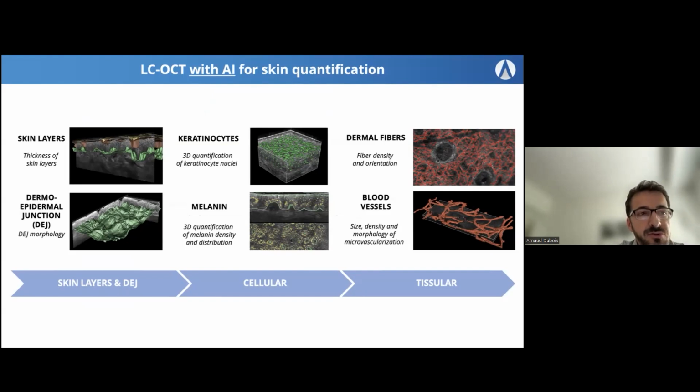It can be used at the cellular level for the quantification of keratinocytes, keratinocyte nuclei, and also for the quantification of melanin density and melanin distribution. LC-OCT can also be used at the tissular level for the study of the dermal fibers and blood vessels.